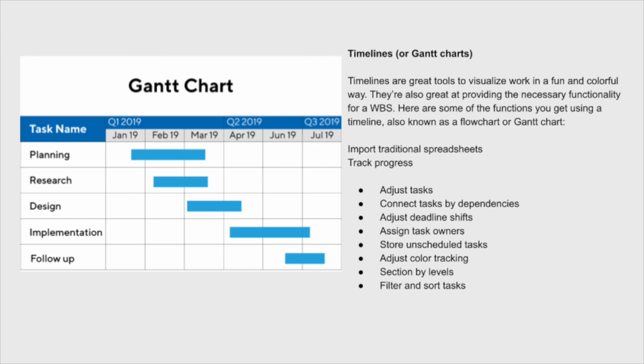And the timeline is built in something called a Gantt chart. All a Gantt chart does is lay out the timing of each of the individual tasks relative to the date. So you can see it set up as a matrix in this particular example here. You can see, for example, planning will happen between these dates, research will happen between these dates, design, and so on.